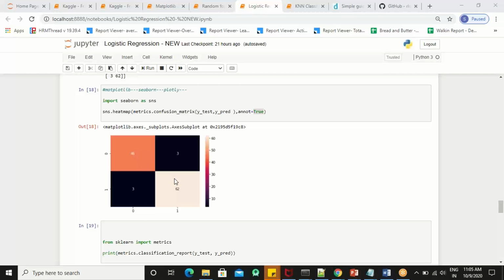How much data is misclassified, or what percentage of data your model is misclassifying. Gulzar, it's like the reverse, like the mirror image. If accuracy gives you the rightness, the misclassification gives you the wrongness of the model.